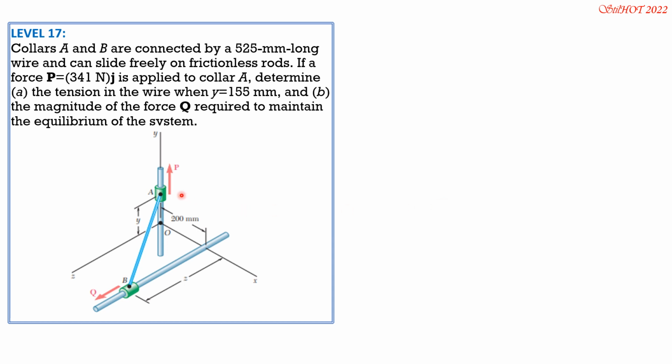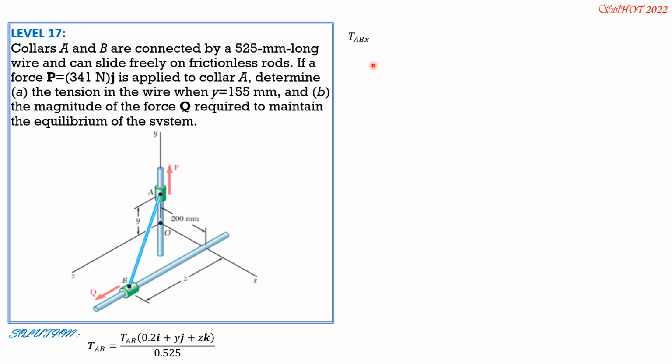So therefore, the Y component of tension is P, which is 341. The Z component of tension is Q, but it is unknown. And another unknown is the X component. So tension AB is equal to magnitude of tension AB times quantity 0.2I plus YJ plus ZK over length of wire 0.525 meter.